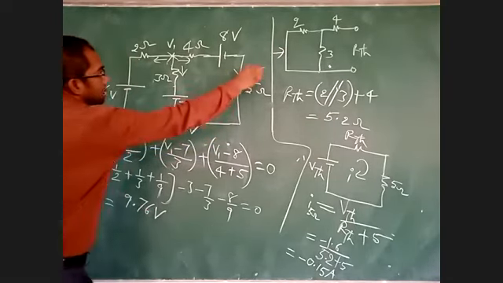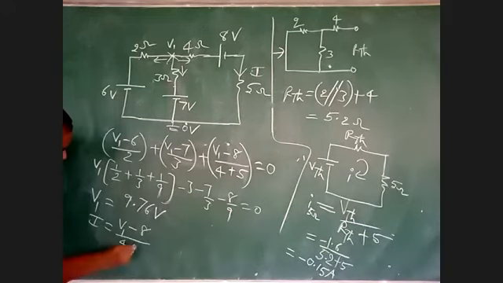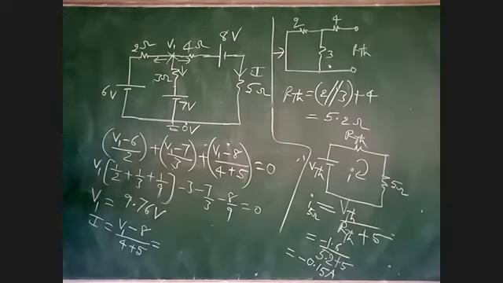Let us take I. I is equal to V1 minus 8 divided by 4 plus 5. 0.19.